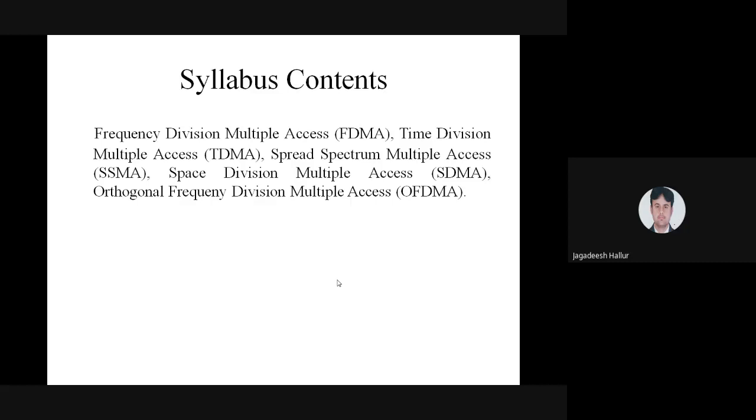In space division multiple access, the most important thing is the satellite. A satellite has transponders. What is the main function of the transponder present in the satellite? It has to receive the signal, amplify the signal, change its frequency and send it back to the earth station.